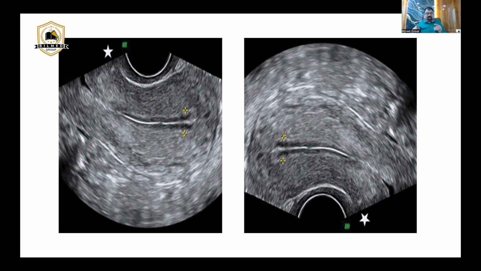The screen orientation is the same condition as the flipped image, the 180-degree rotation which we discussed today, and whether I take it clockwise or anti-clockwise, from transverse to longitudinal section. So the basic thing is that the screen orientation will remain same.